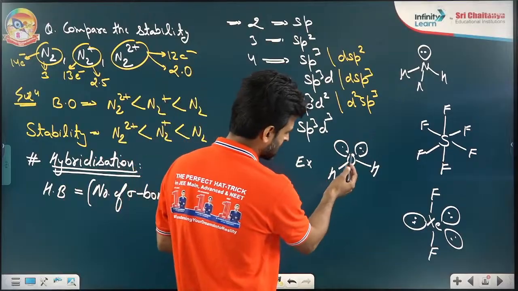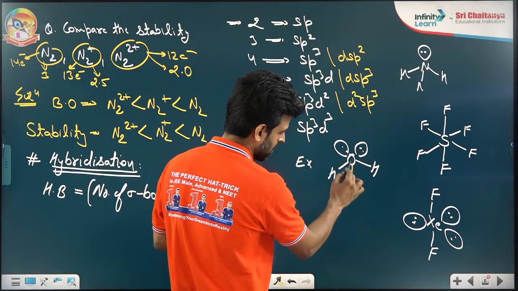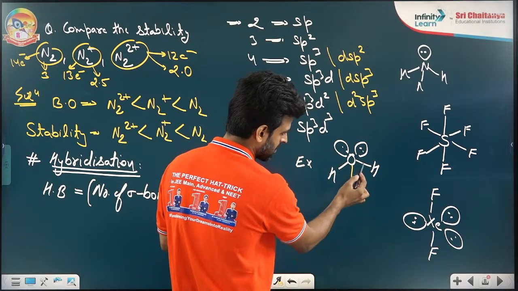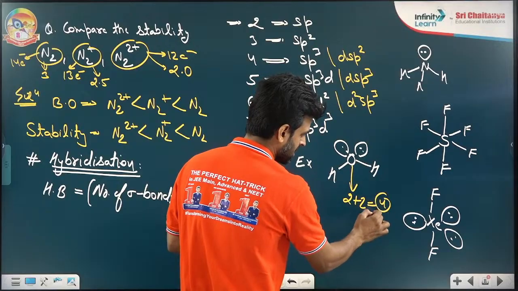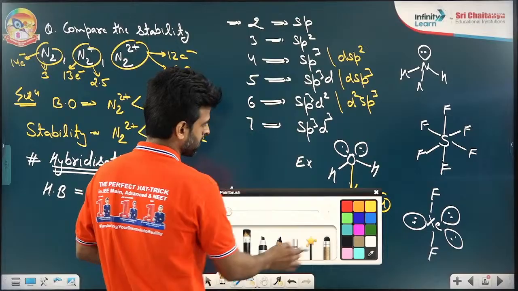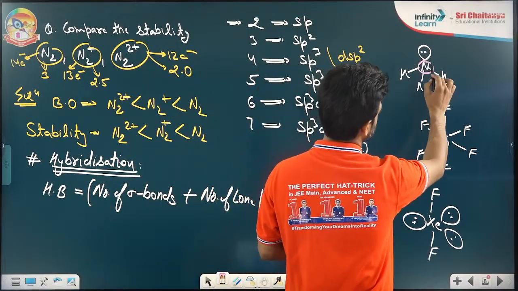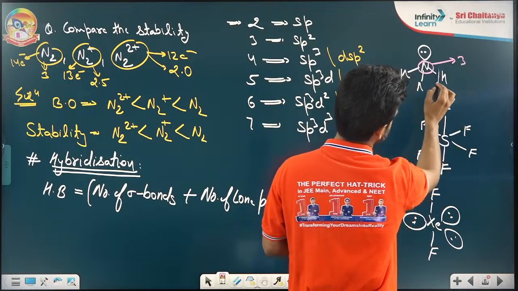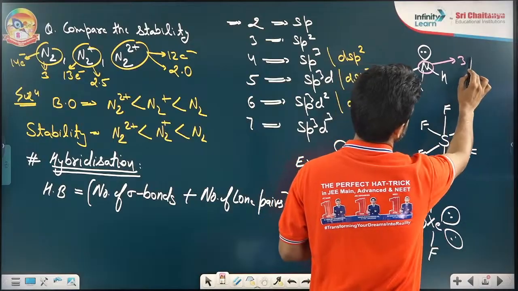So in this case, in water, I am talking about the oxygen. Oxygen makes 2 sigma bonds and has 2 lone pairs. Total how many things are there? 4. 4 means it is sp3 hybridized. Very easy. The next one, in the case of ammonia, nitrogen makes 3 sigma bonds and has 1 lone pair.